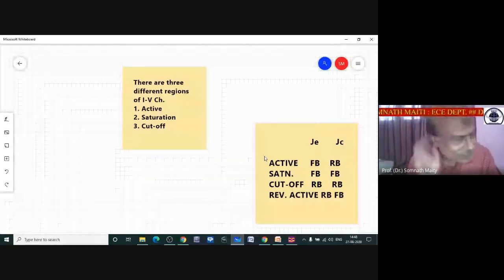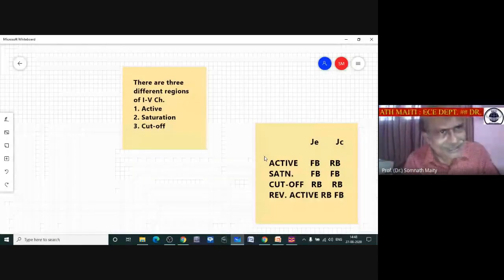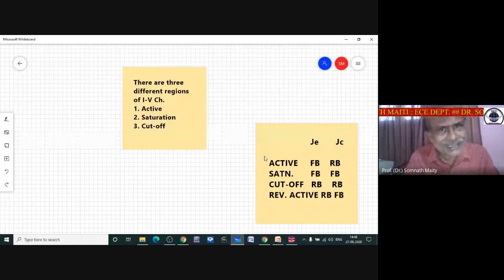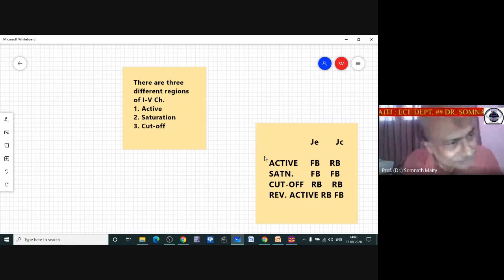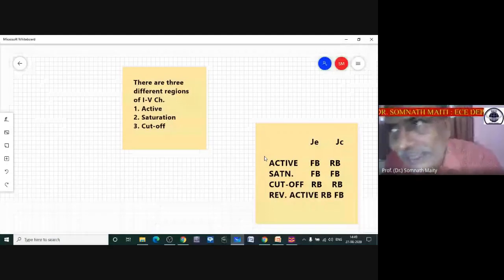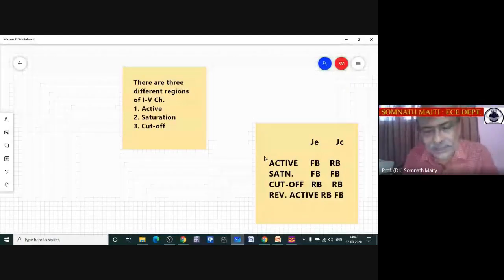But reverse is not happening, where carriers are generated at the collector and collected at emitter. It may happen because it is NPN and symmetrical so far as junction is concerned. But the device is constructed in such a way that you have to use emitter as emitter, you cannot use emitter as collector. That's why it is called forward active or reverse active. Is it clear?